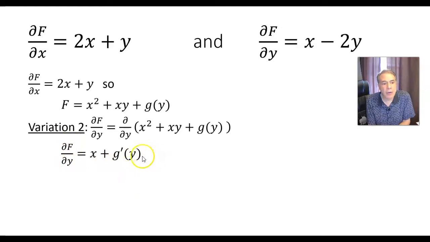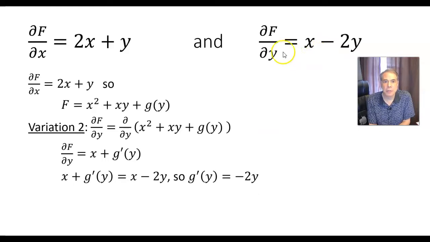Now compare that with the thing that was originally in front of the dy that was supposed to be the partial of f with respect to y. So x plus g prime of y must be the same thing as x minus 2y.